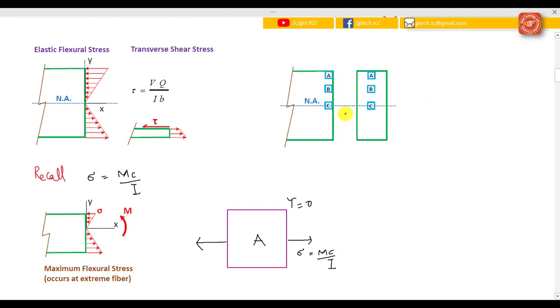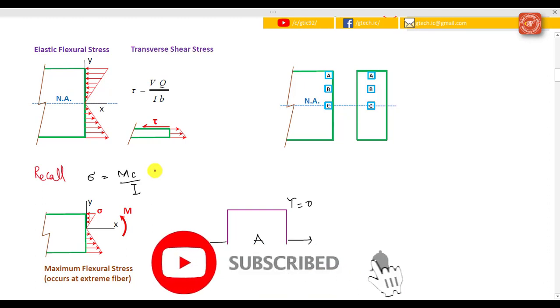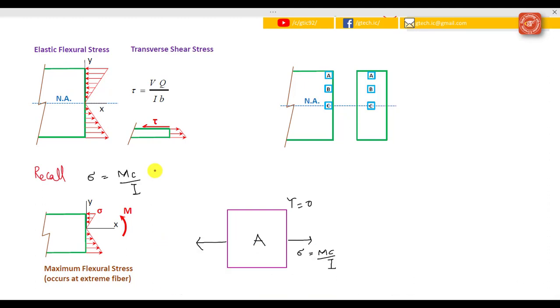So at point A, the top, or it could be at the bottom as well, is where the maximum flexure stresses occur. Because this is our formula for the maximum flexure stresses, we see that the distance c from the neutral axis gives us the largest flexure stresses.